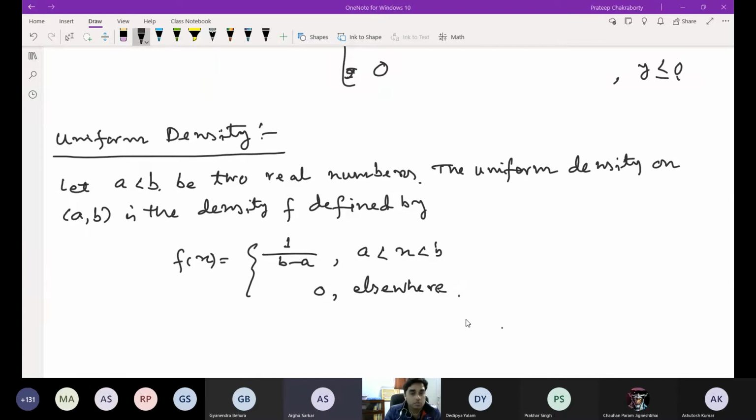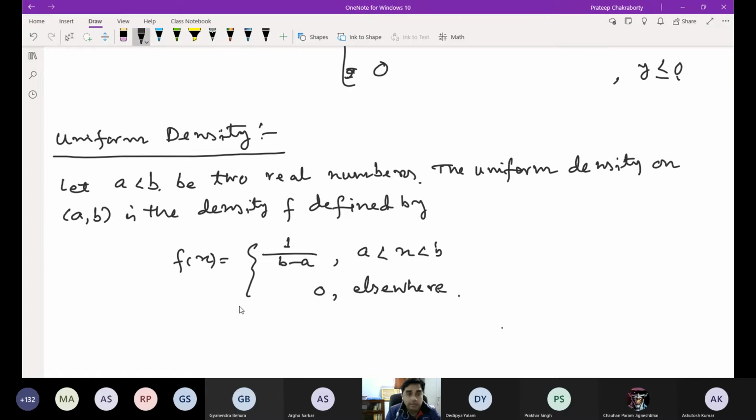Yes, sir. Good. So you tell me why is this a density function? This function I have defined, 1 by b minus a for a less than or equal to x less than or equal to b. So what is the definition of a density function? We can define a distribution function for any random variable, but we can't define a density function for any random variable.